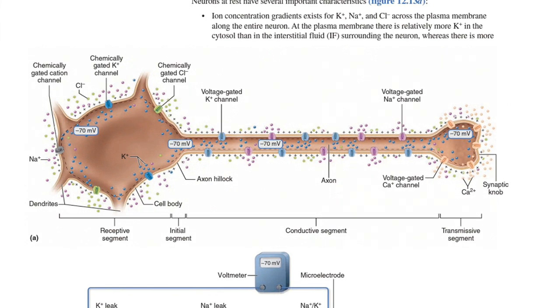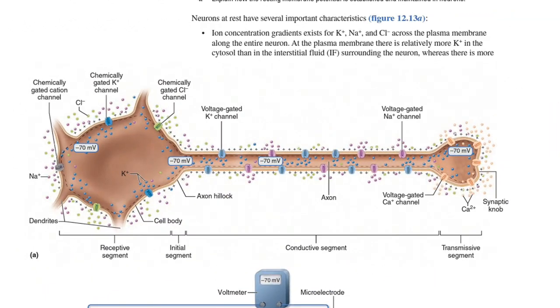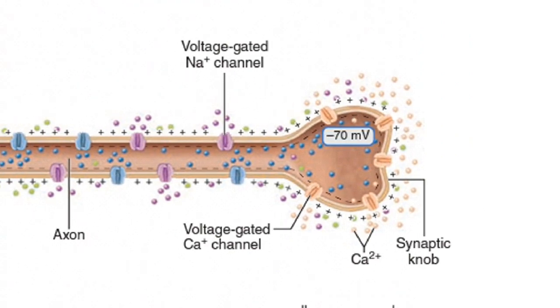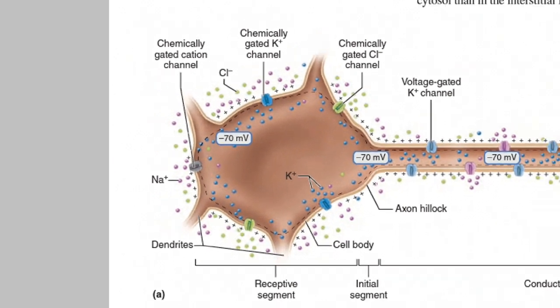In the plasma membrane you will find the Cl minus channel, then the potassium channel, then the sodium channel: K plus channel, Na plus channel. Then in the synaptic end bulb you will find the voltage gated calcium channel, then the synaptic knob, synaptic end bulb they are showing. Then these are the dendrites.